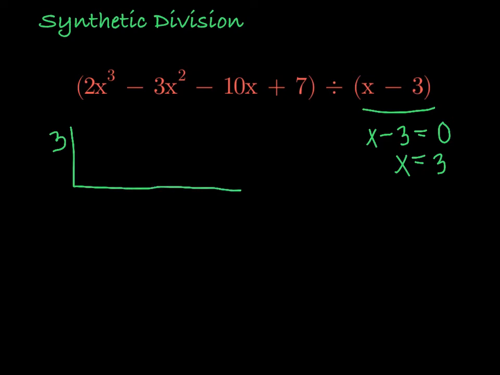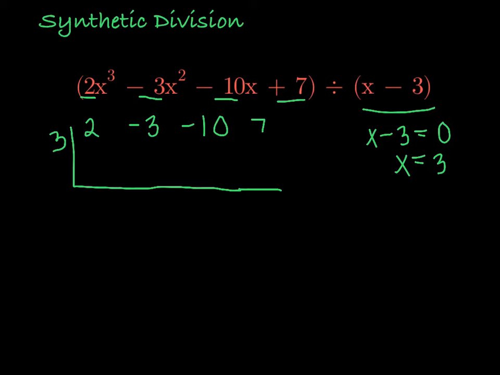From here, we put the coefficients of every term inside: 2, negative 3, negative 10, and then 7. Make sure you put the signs, especially when it's negative.